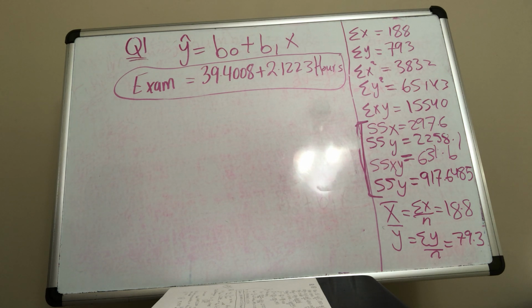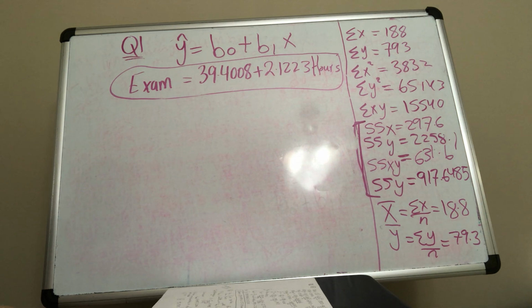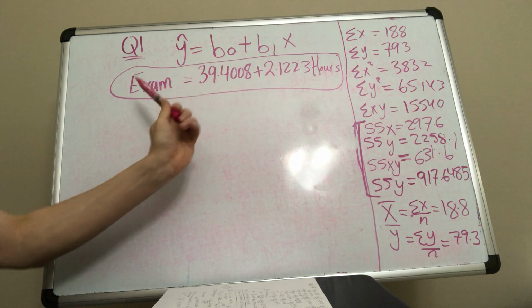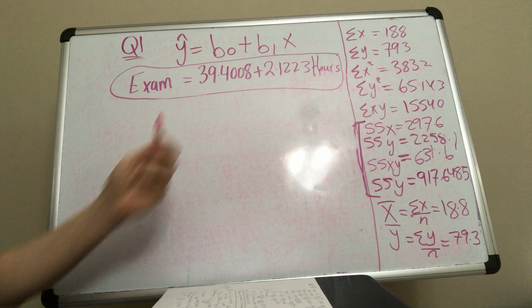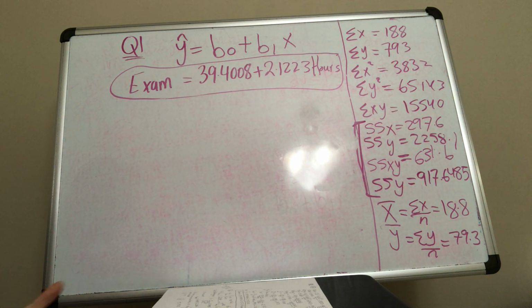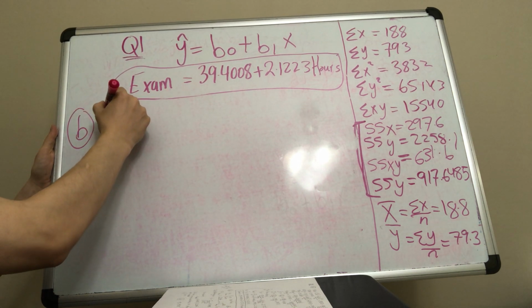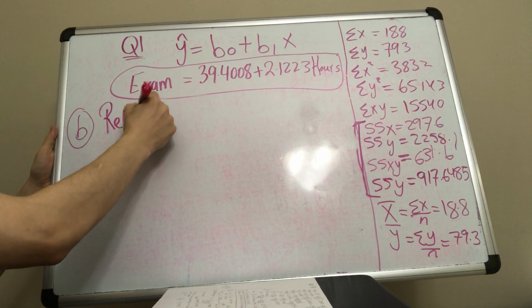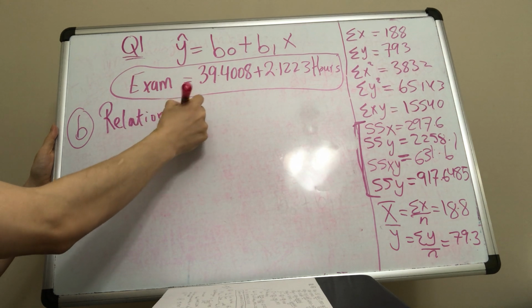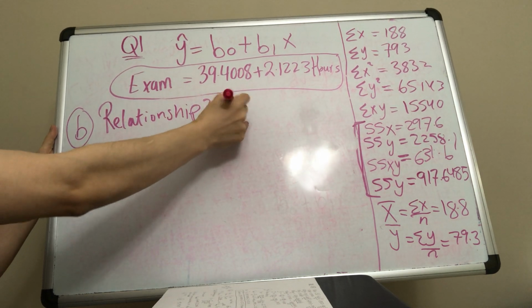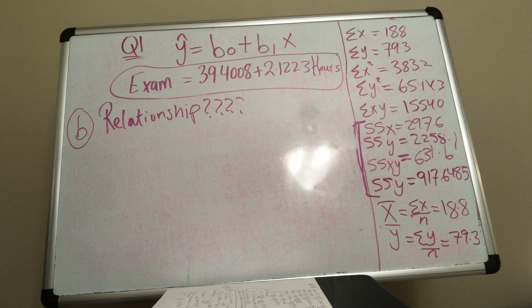Question B is to do this using hypothesis testing. Can you prove statistically now that there is in fact a relationship between hours and exam, and how strong this relationship is? So we're testing if the two are related.